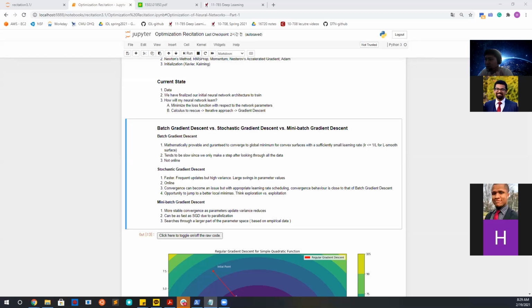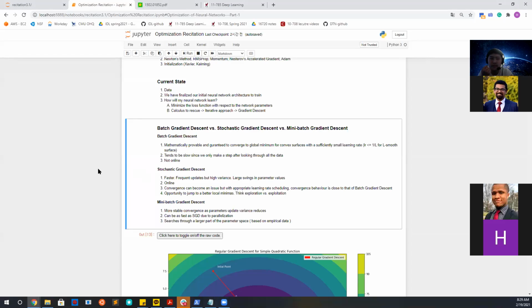If you took courses like convex optimization, you would know it's related to the L-smoothness of the loss function surface. If you have a sufficiently small learning rate, it will reach the global minimum, and it will also reach a local minimum for non-convex surfaces.